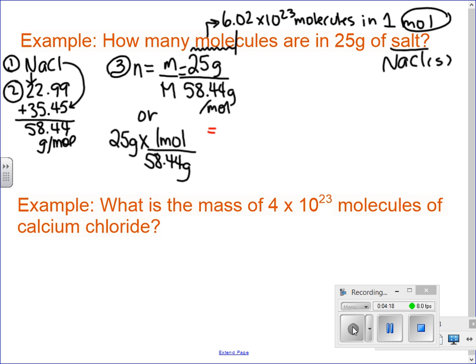If you're going to calculate an intermediate answer, you don't round it off. You would never round something until you're done doing your whole entire calculation. So I would do 25 divided by 58.44. It gives me 0.427789 blah, blah, blah moles.